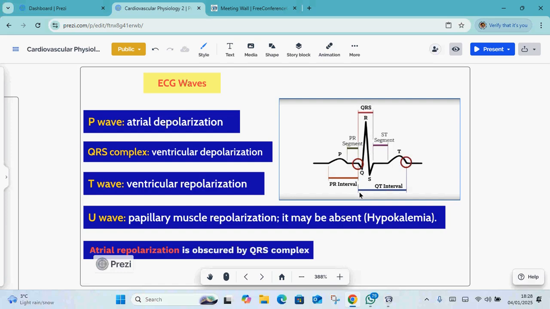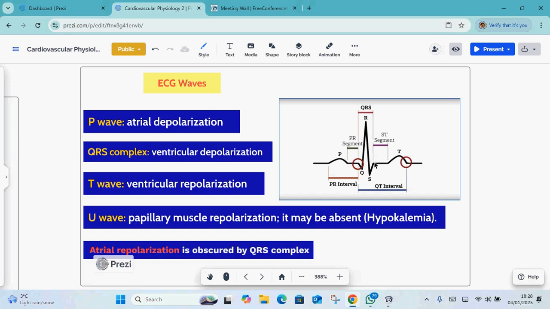From the start of the Q wave up to the end of the T wave, this is called the QT interval. From the start of the Q wave to the end of the S wave, this is called the QRS complex duration. From the end of the P wave to the start of the R wave, this is called the PR segment.